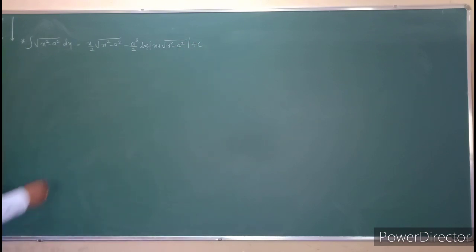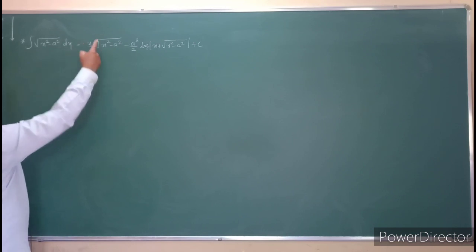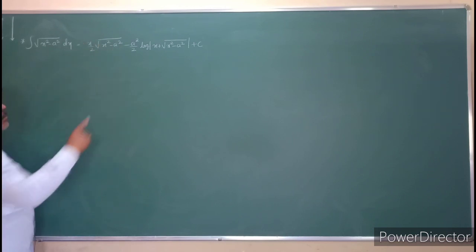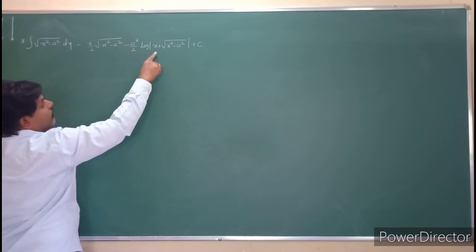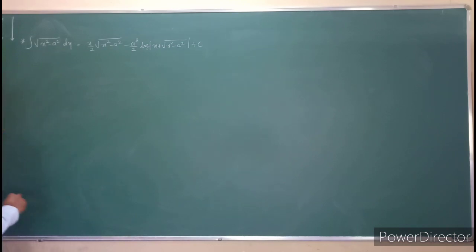So see that question, students. Integral root of x square minus a square into dx is nothing but x by 2 into root of x square minus a square minus a square by 2 into log mod x plus root of x square minus a square plus c. So how to solve this question?